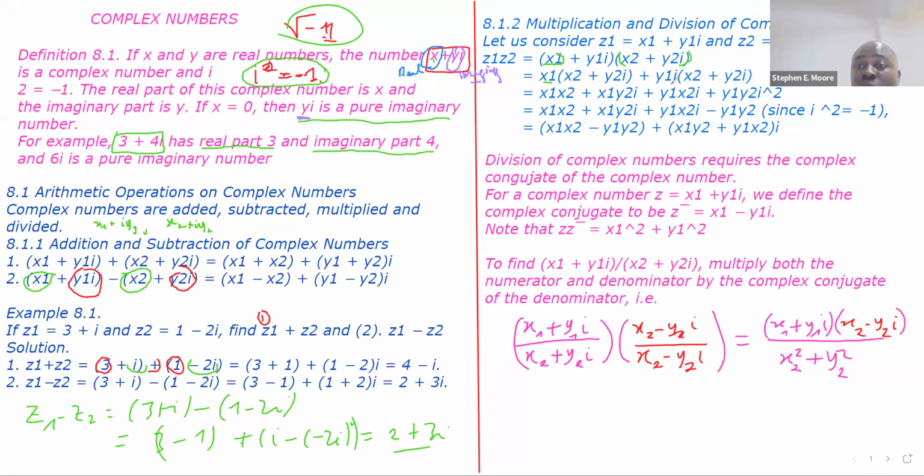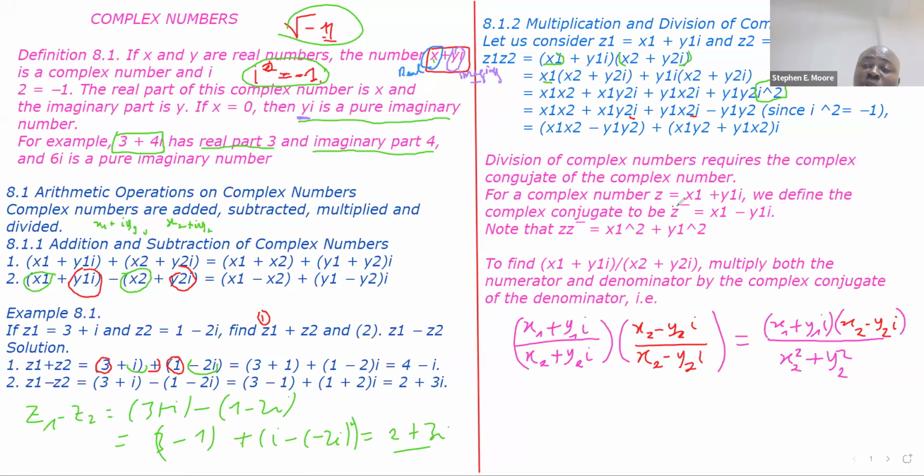And then here you have y1 i y2 i squared, right? And then you know that i squared is nothing but minus 1. So this part, which is i squared, will then become minus 1, which will change the sign into minus. And so in the end, you only have an i here, and then an i here. You factorize the i out, then you take the real parts out as well.